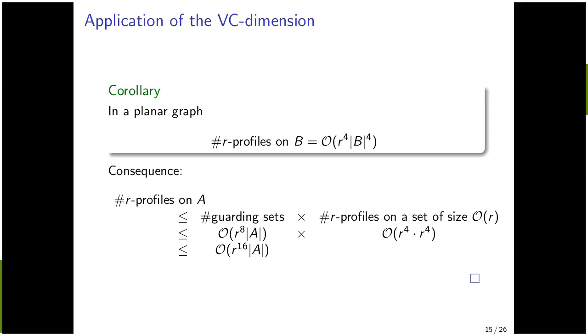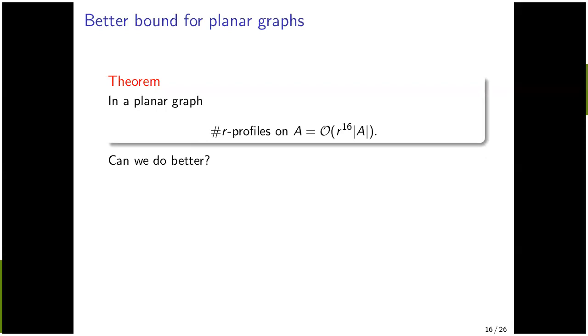And so we finally get this polynomial bound on the number of profiles of A. So the number of R profiles on A is at most big O of R to the 16th times A. And so the neighborhood complexity of planar graphs is polynomial.